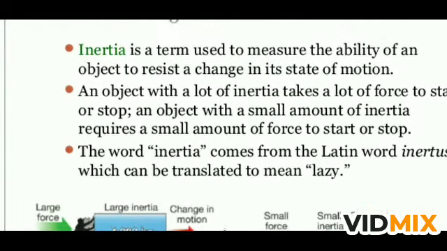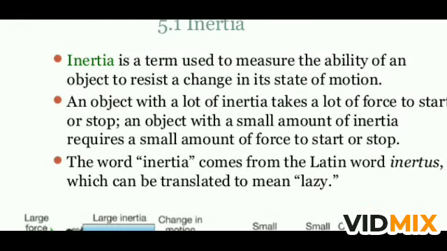So again we can say inertia is a term used to measure the ability of an object to resist a change in its state of motion. So it is very difficult to stop a massive body than a lighter body. We can easily stop a light ball, but it is difficult to stop a heavy ball.